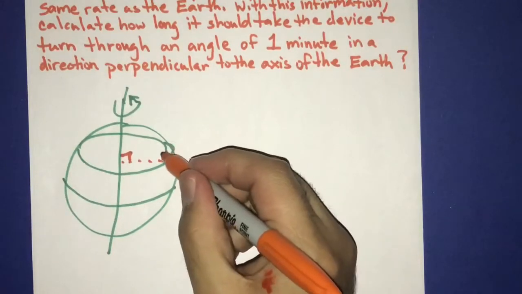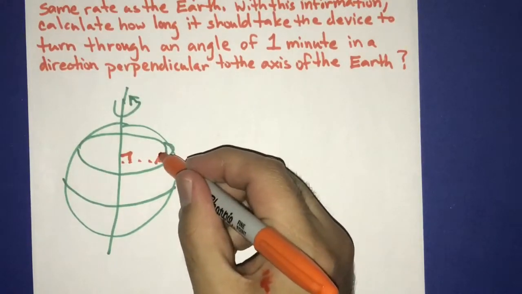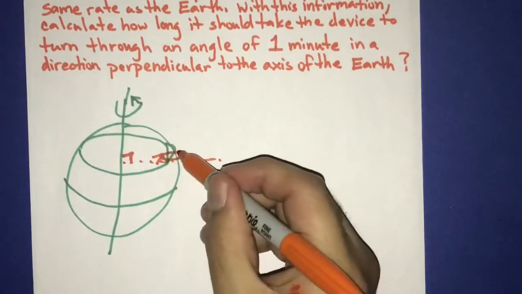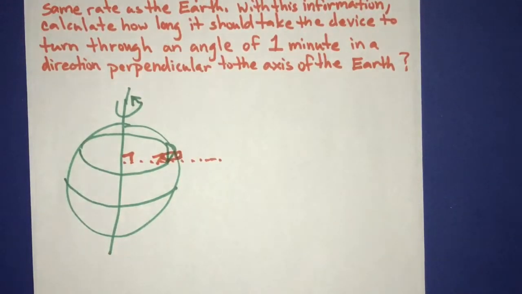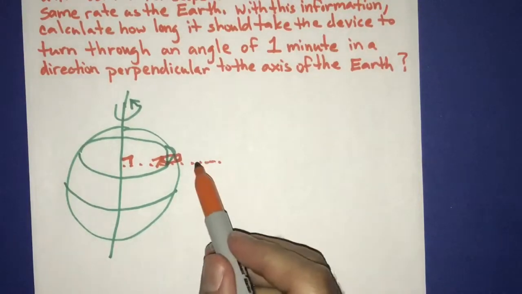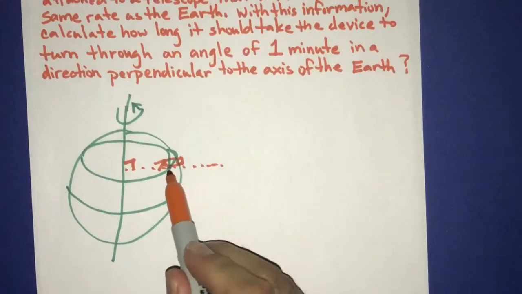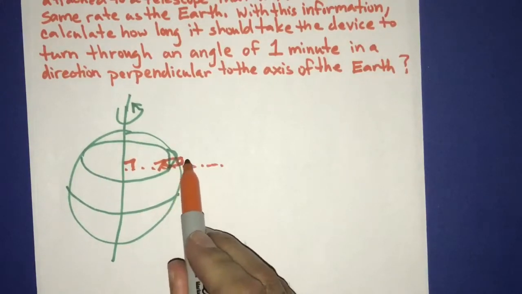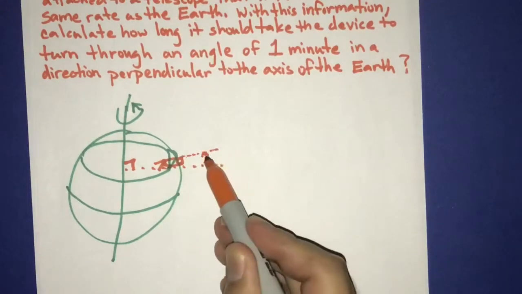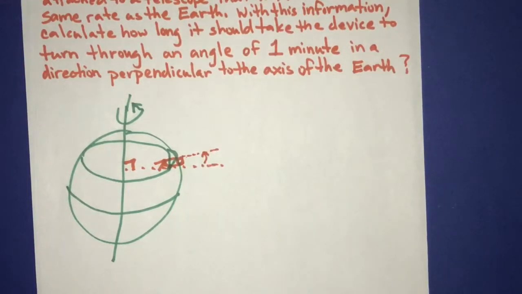Let's say we have a little tripod, and that's our telescope. And we want to see how long it should take the device to turn through an angle of 1 minute. So that's going to be really small, so this is going to be exaggerated. So let's see how long it should take to turn through this angle.